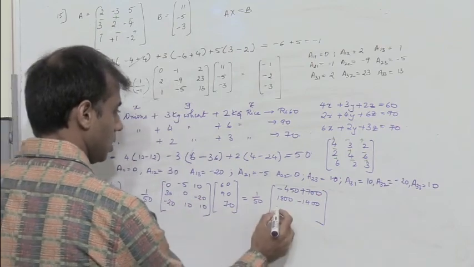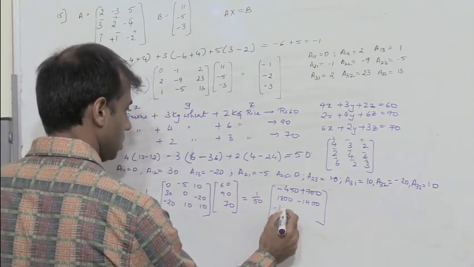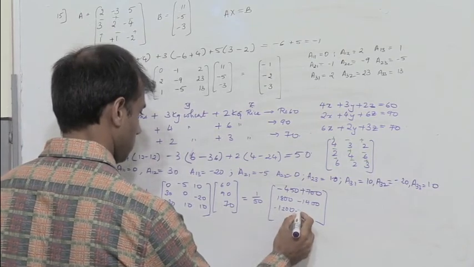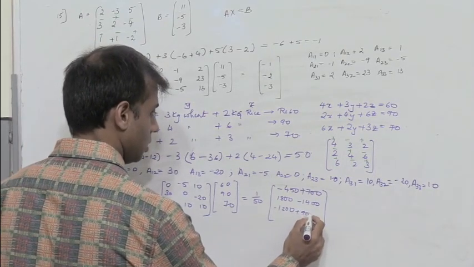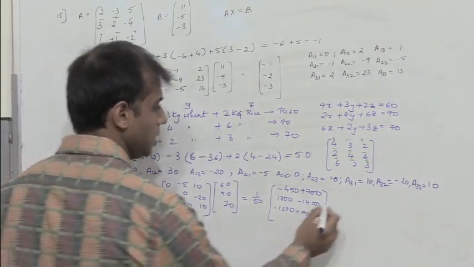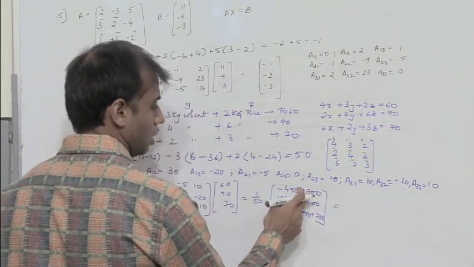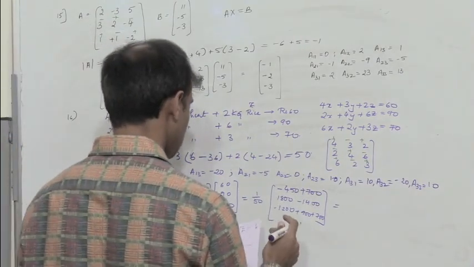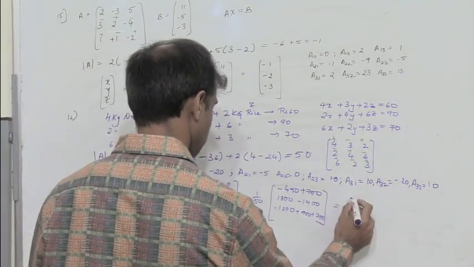Next we have minus 1200 plus 900 plus 700, right? So this gives me 250 by 50, right? So 250 by 50, which is 5.